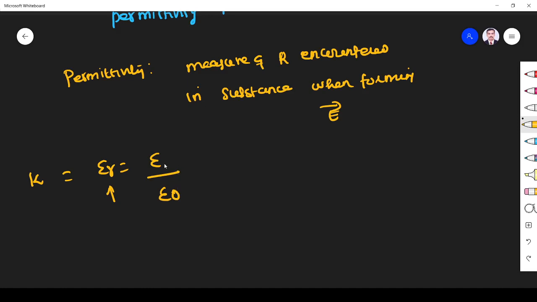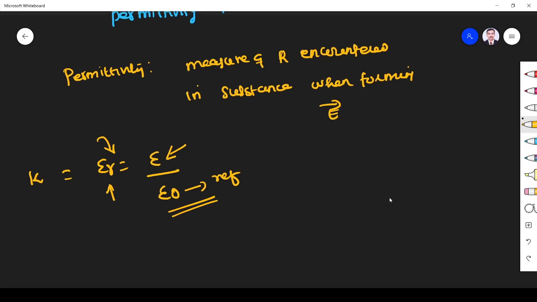It is comparing the permittivity of the medium with free space, which acts as a reference. That's why it is called relative permittivity.